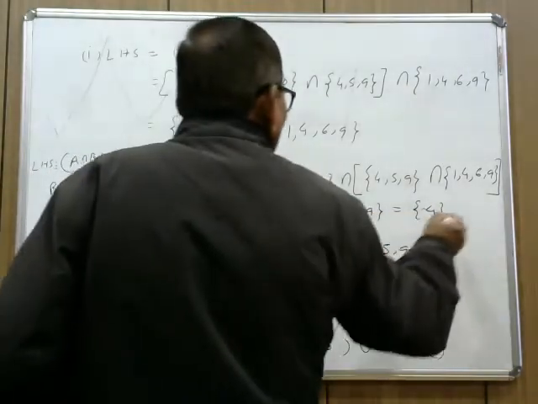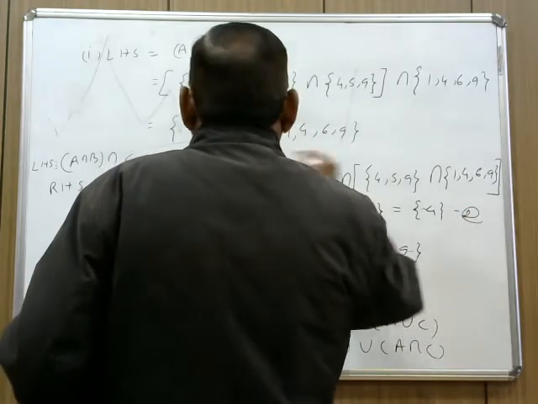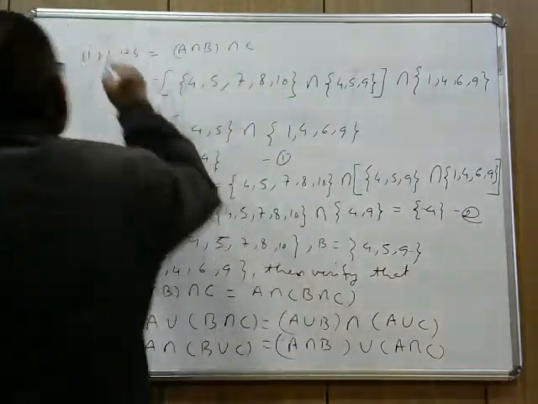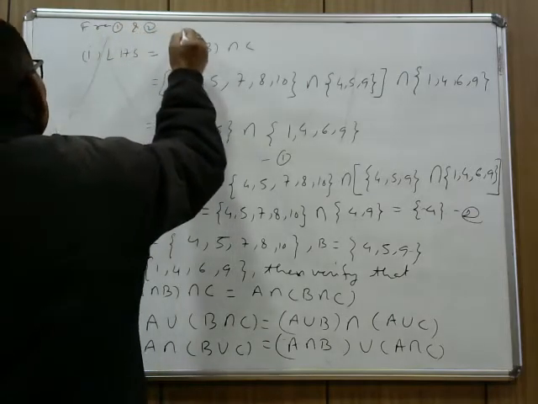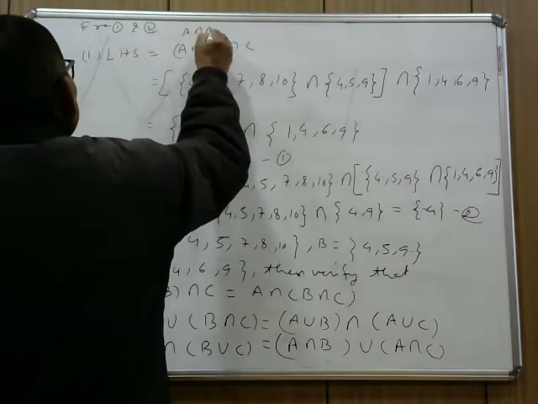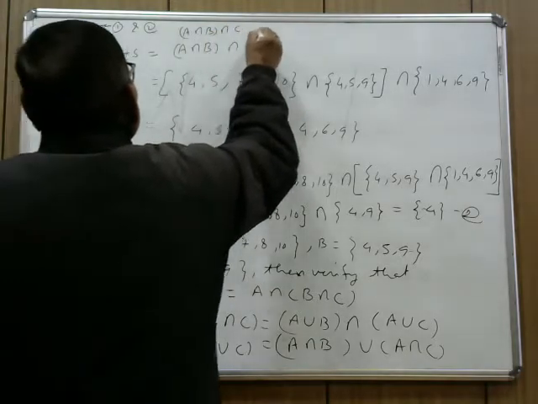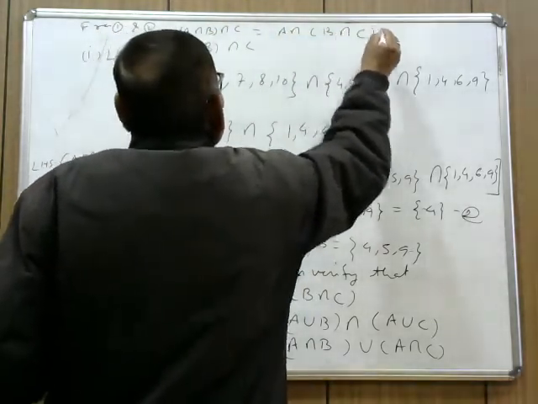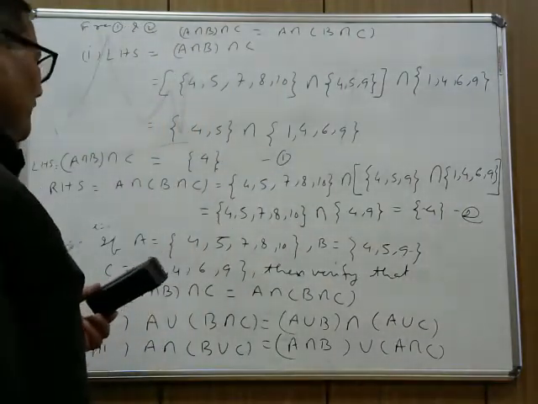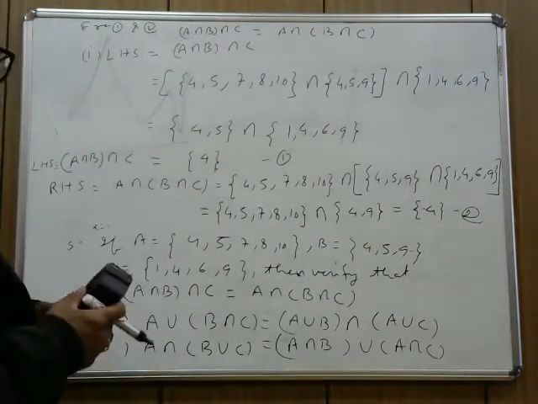This is 2, this is 1. So from 1 and 2 you can say that A intersection B intersection C is equal to A intersection B intersection C. In this way your first result is verified.